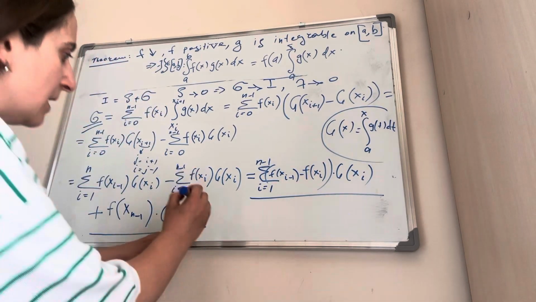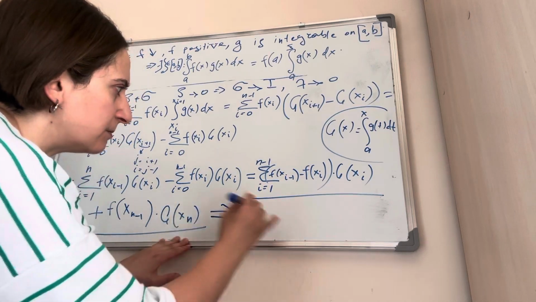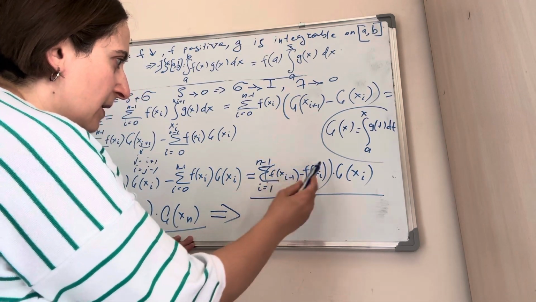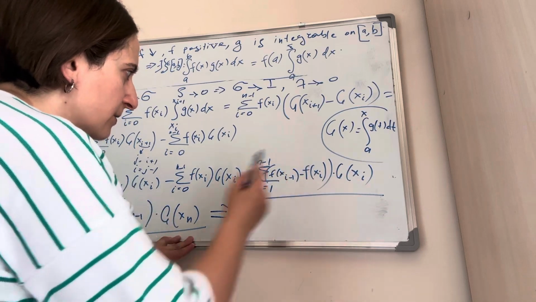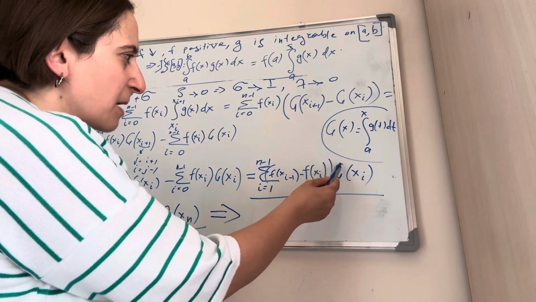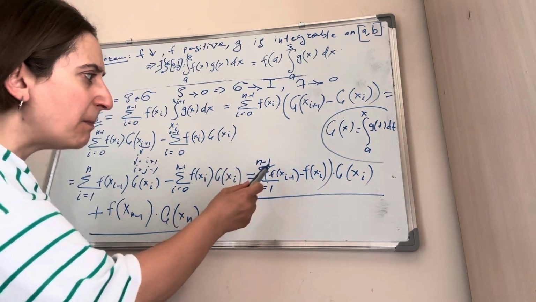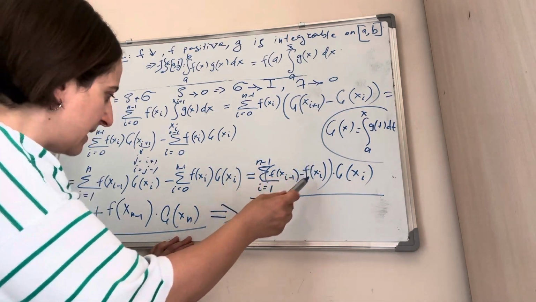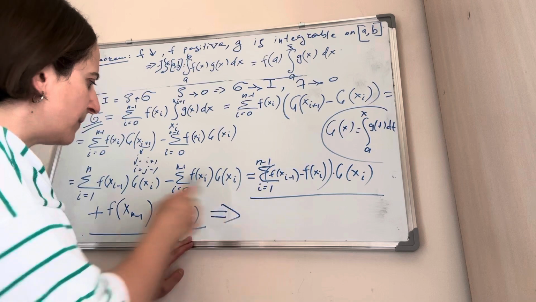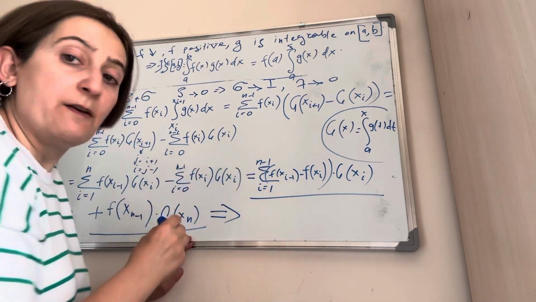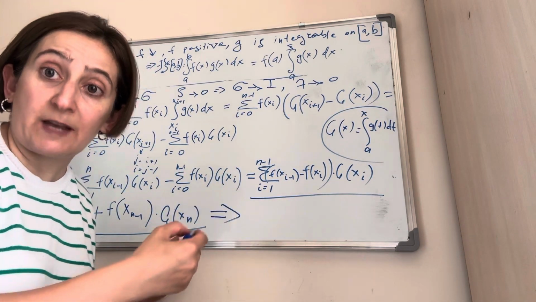Therefore, we get the following inequality after some simplifications here, because if I substitute G(xi) by capital M, it comes out of the sum, and here everything will be cancelled out except for, considering this component as well, f at a, f at x0, which is f at a.